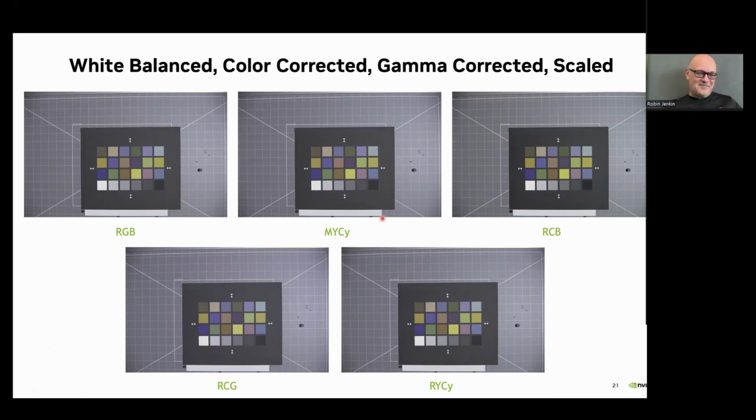But what we can see from this is, there's not huge differences between them. So our basic pipe of white balancing, applying a color correction, it seems to be working pretty well. There's nothing inherently unfair about it.